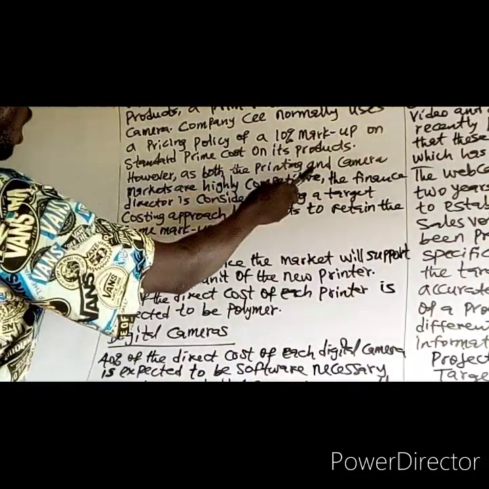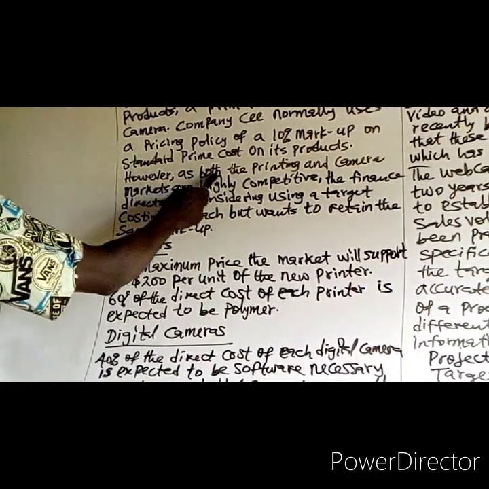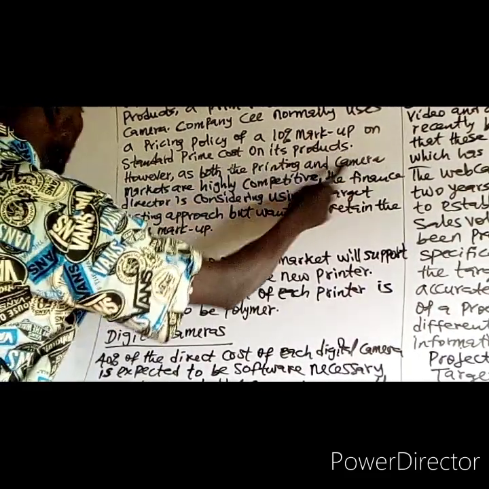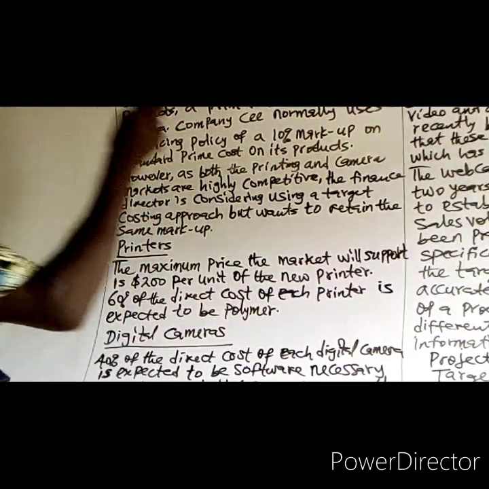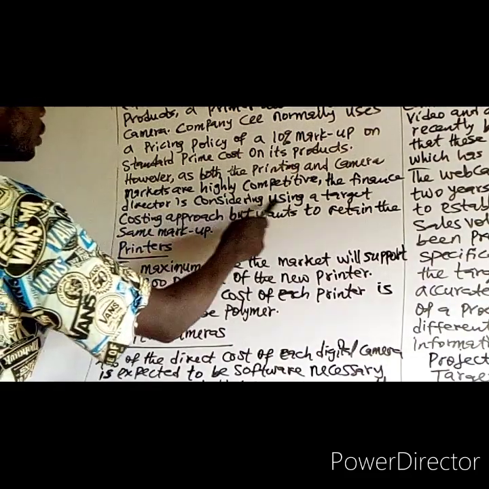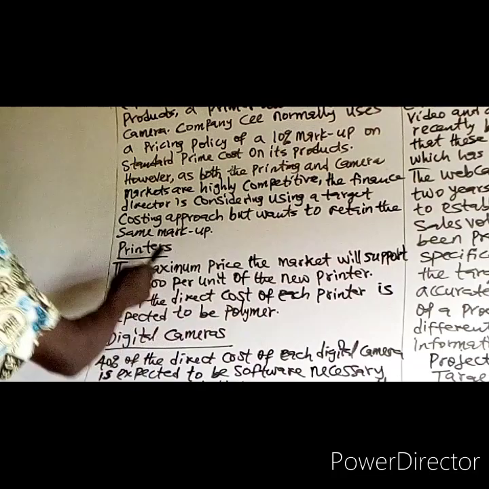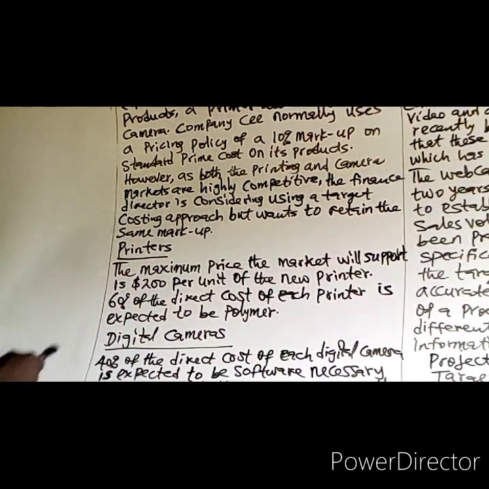However, as both the printing and camera markets are highly competitive, the finance director is considering using a target costing approach, but wants to retain the same markup.